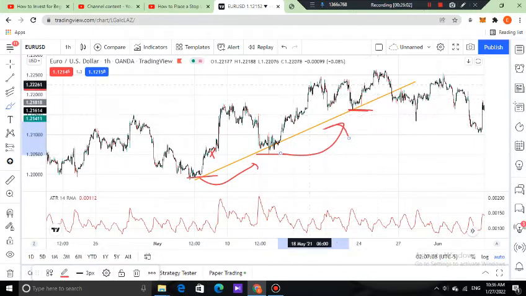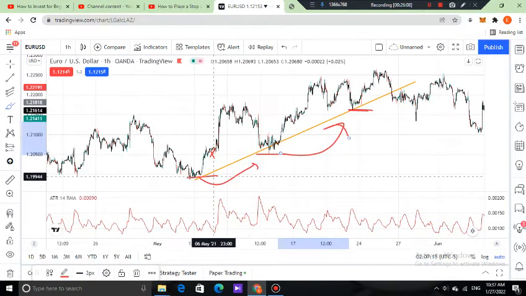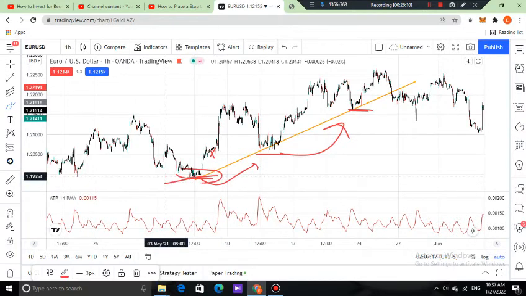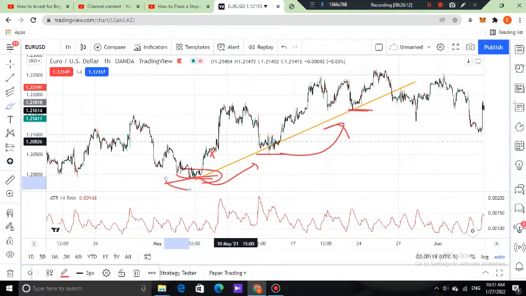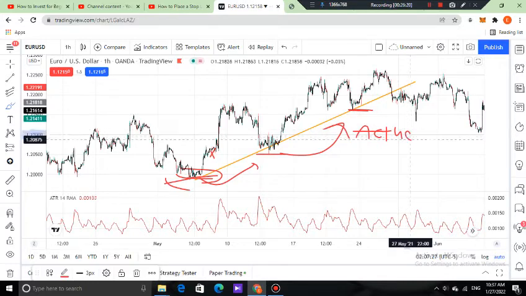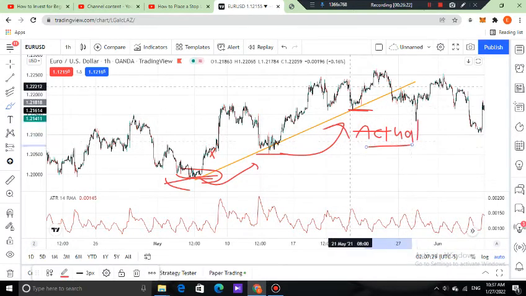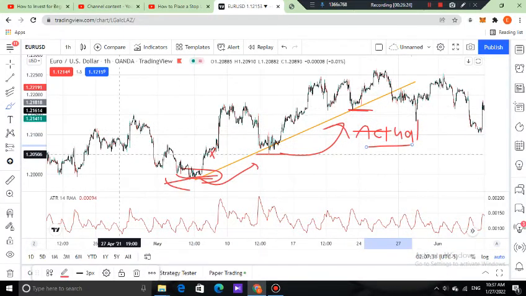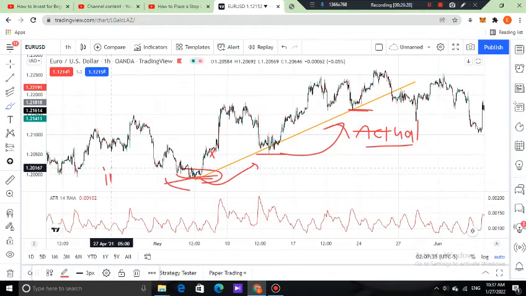This dynamic stop, we call it actual risk, but this first one is the initial. Some traders don't change it, they just consider it initial risk and they don't trail it. But if you trail your stop loss, we call it actual risk, and this one is the initial one.